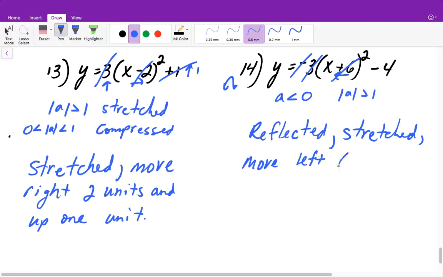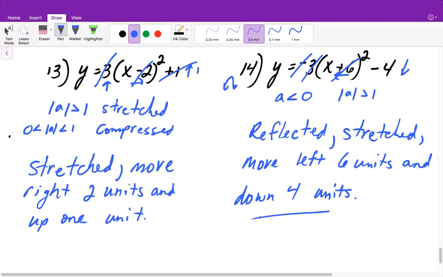And this minus 4 means we're moving down. So moving left 6 units and down 4 units. And that's your final answer. So you're only describing it in words. You're not actually going through and graphing it. You just need to be able to look at it and say what is happening to our parent function.